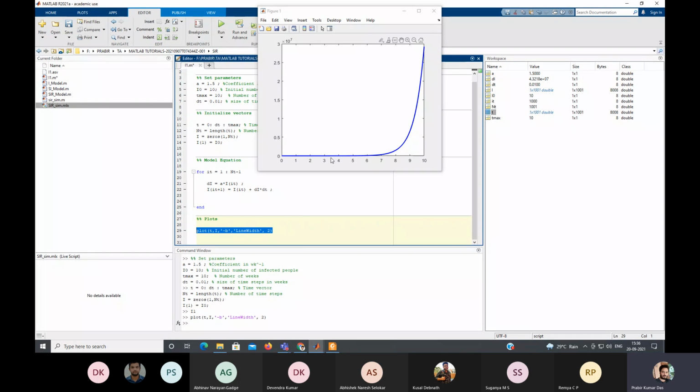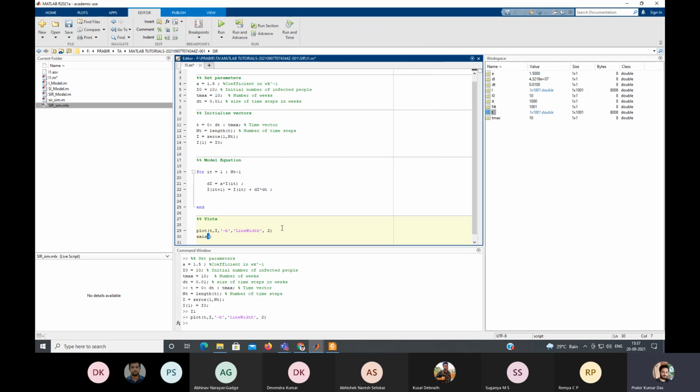See, it makes our plot blue, and the increased line width lets us visualize it clearly. Now, with the axis function, we have to mention the x-axis limit and y-axis limit. Can anybody tell what should be our x-axis limit?